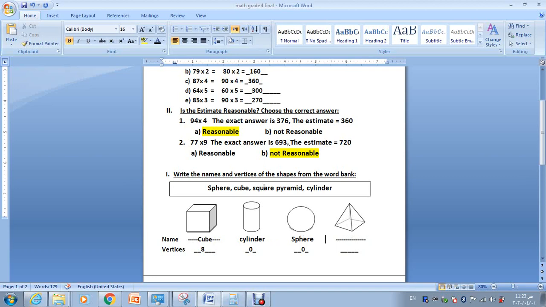The last one, of course, it will be the square pyramid. And how many vertices are in a square based pyramid? We will count 1 up there and 4 down there in the base, so there will be 5 vertices.